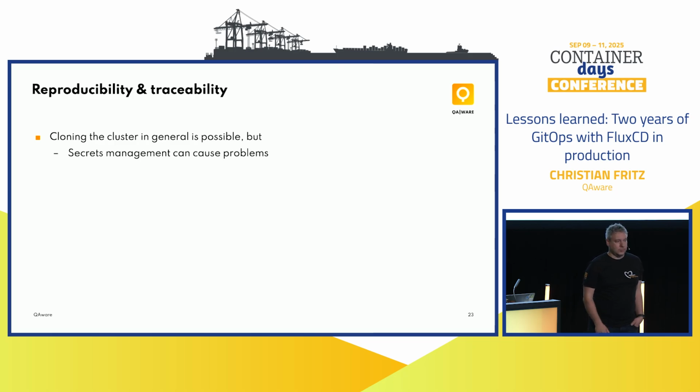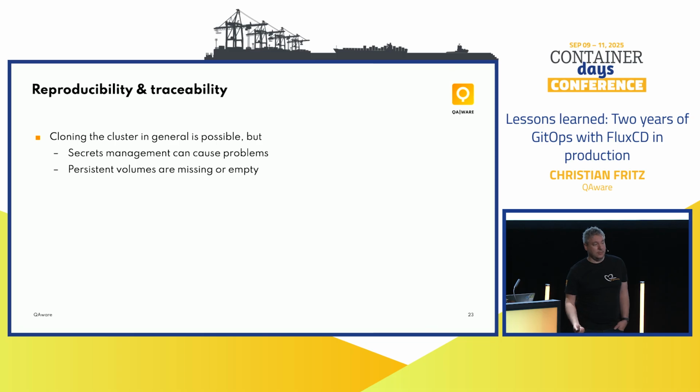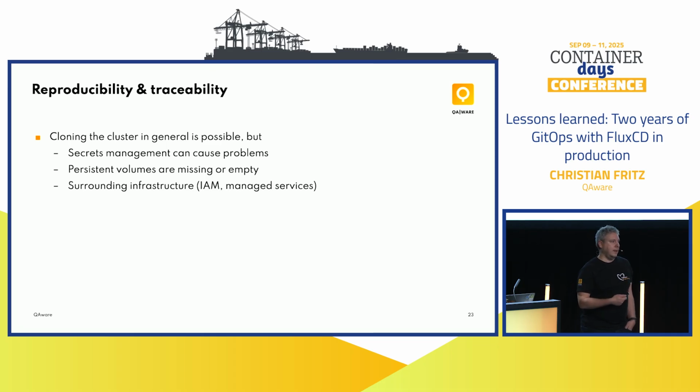But secrets management can cause problems. Persistent volumes may be missing or empty. And the surrounding infrastructure may also cause problems, because infrastructure roles, if you're using workload identities, maybe are missing, and the managed services.